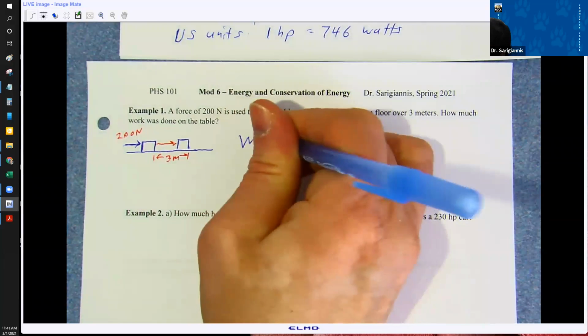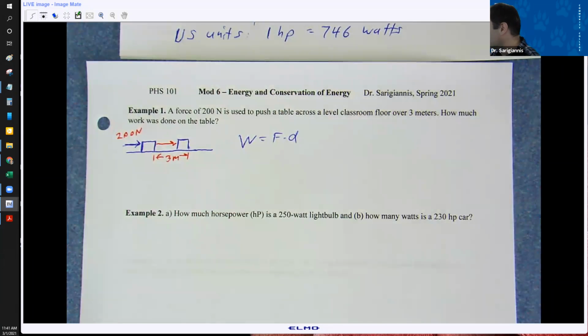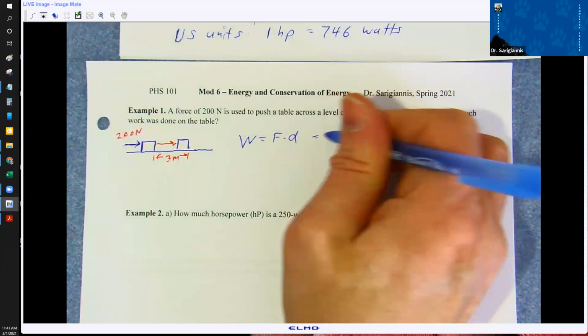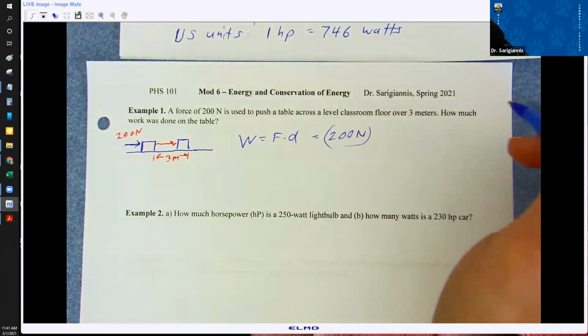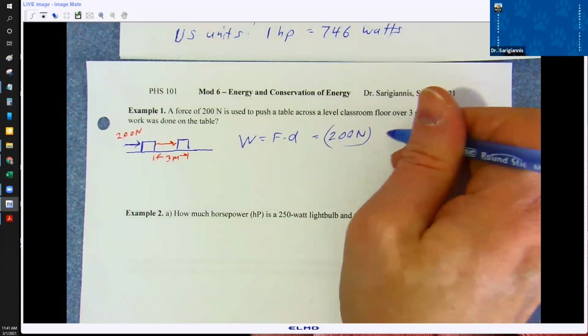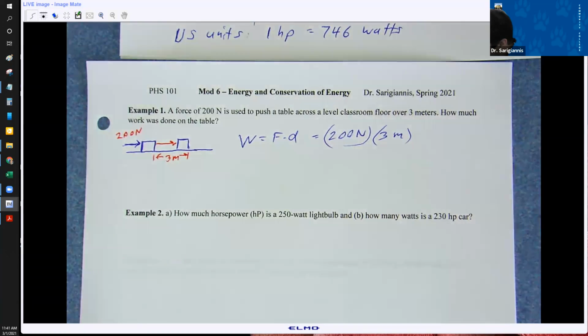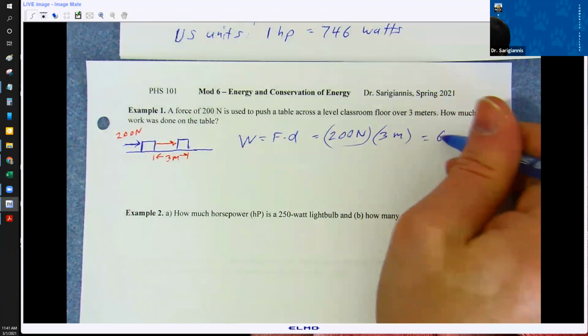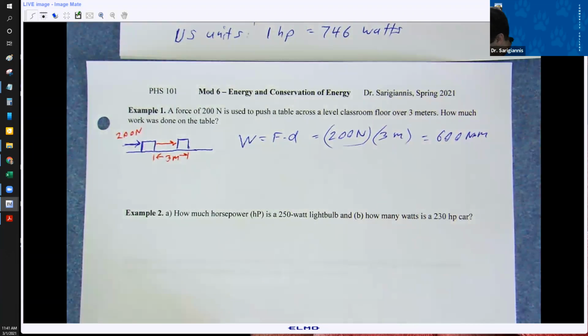So work is equal to force times distance. And that's just 200 newtons times 3 meters. So we wind up with 600 newton meters.